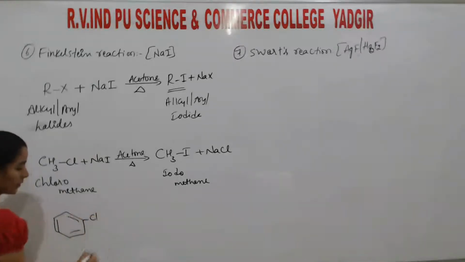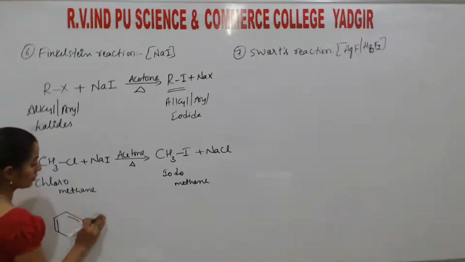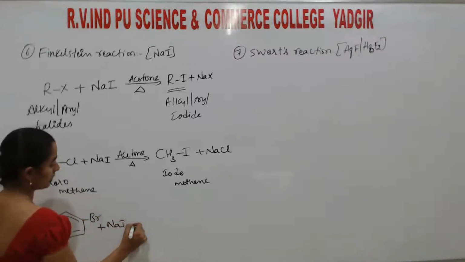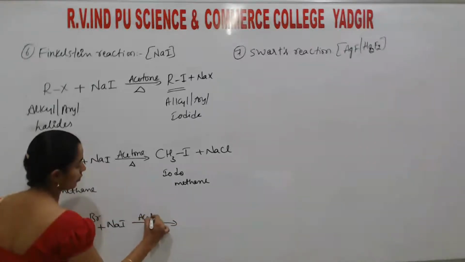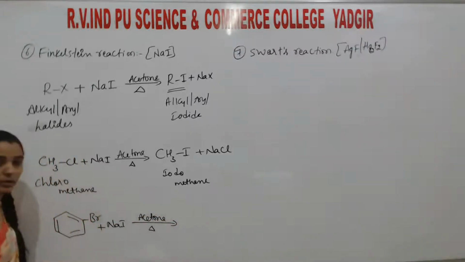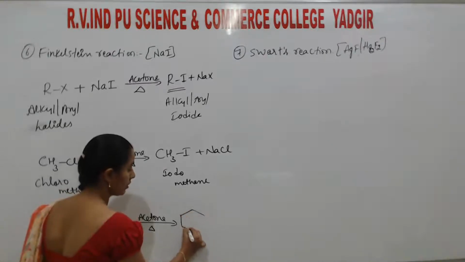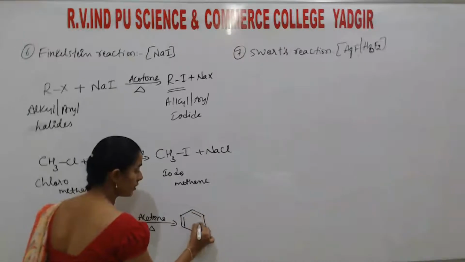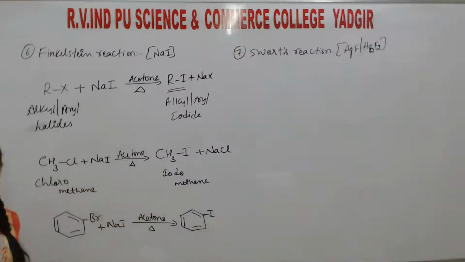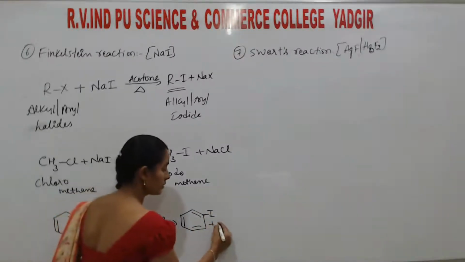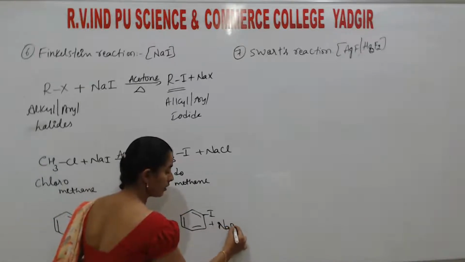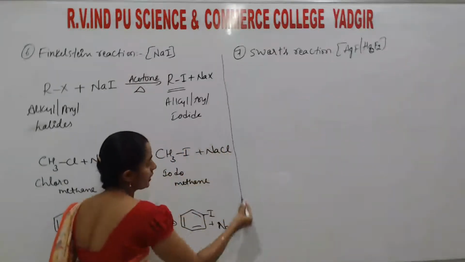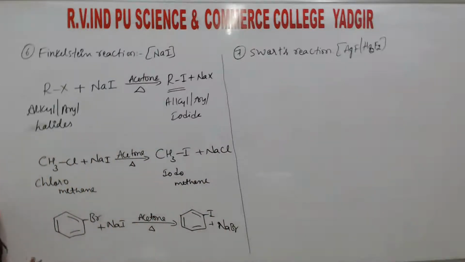Benzene ring with Cl, or Br, plus NaI. What is the product here? Iodobenzene plus NaBr. This is one type of halogen exchange reaction. Understand?